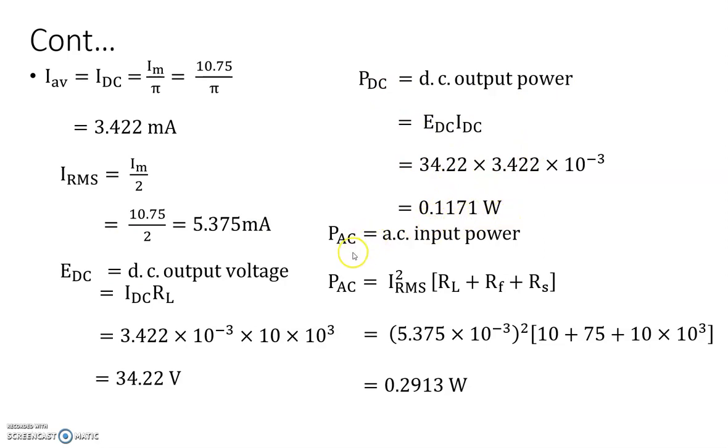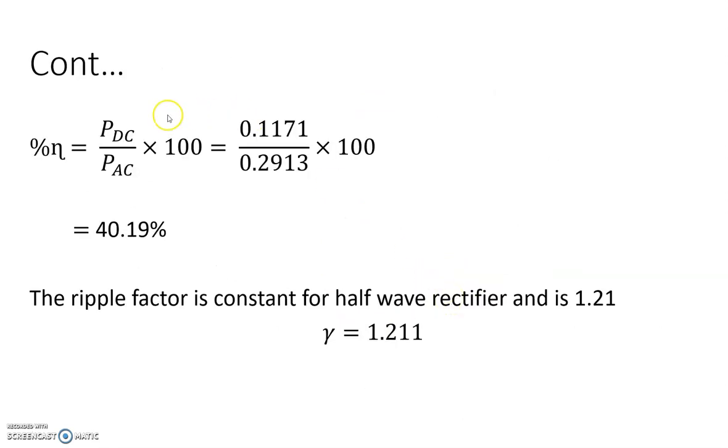What is next? Find out the PAC. PAC is nothing but the AC input power. That is IRMS square into the sum of all the resistance values. You just substitute the values and find out the PAC. You know PDC and PAC, and find out the efficiency of the half-wave rectifier.